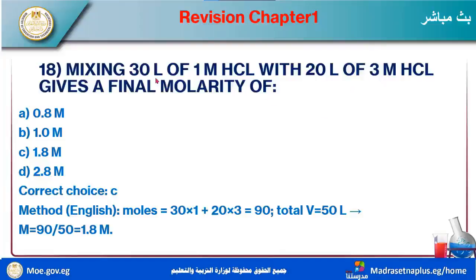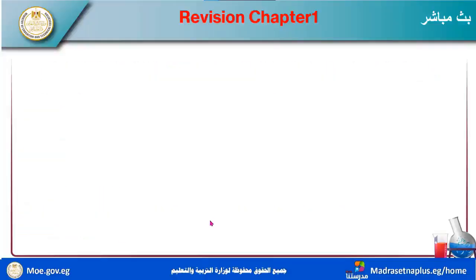And we have two volumes added, 30 plus 20, so you have 50 liters. Final molarity equals final number of moles divided by final volume. This method gives 1.8.